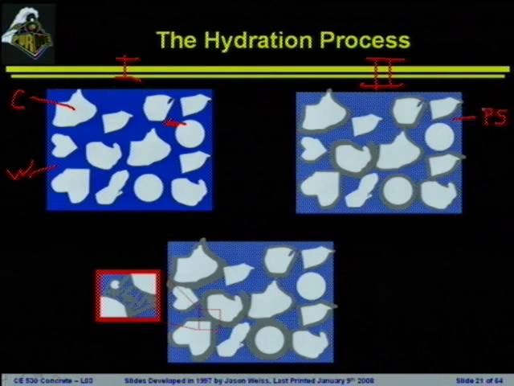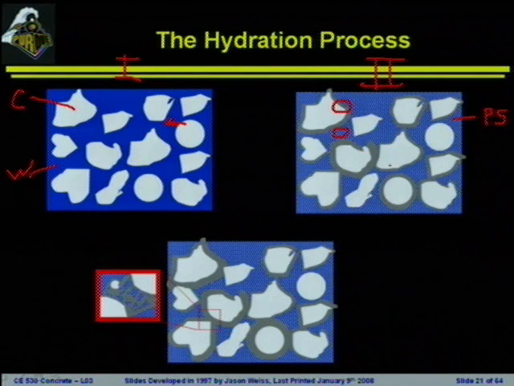We're also going to see some reaction taking place at the surface of the cement particles. And there will also be cases where reactions take place in free space. They're most likely to start at surfaces because there's the lowest energy for the reaction to start there.